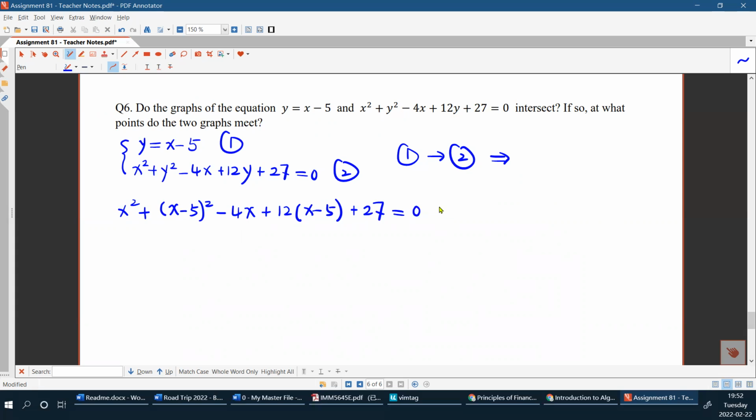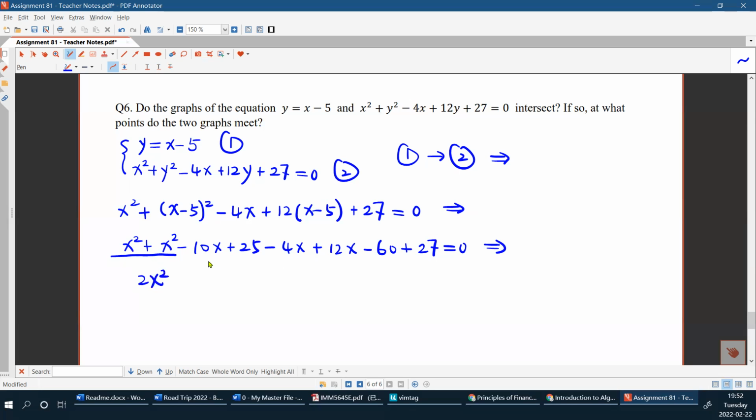And then we need to simplify this equation, which means expand everything: x squared minus 10x plus 25 minus 4x plus 12x minus 60 plus 27 equals 0, right? Then combine all the similar terms. 2x squared, and minus 10x minus 4x plus 12x gives us minus 2x, right?